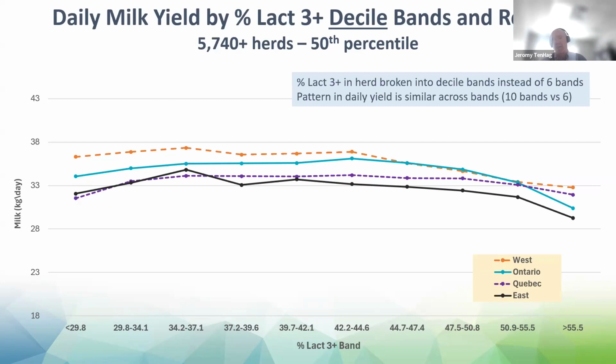And you'll see that the pattern for daily yield is very similar, right? There's a bit of a drop off in those herds that have the fewest lactation 3 plus cows on the left. And there's also a drop off on the right-hand side of the graph, where it probably starts around 47.5 to 50.8. That's kind of where the drop off really starts to happen for all regions. And there's a subtle decrease. In some regions, there's a bigger decrease than others.